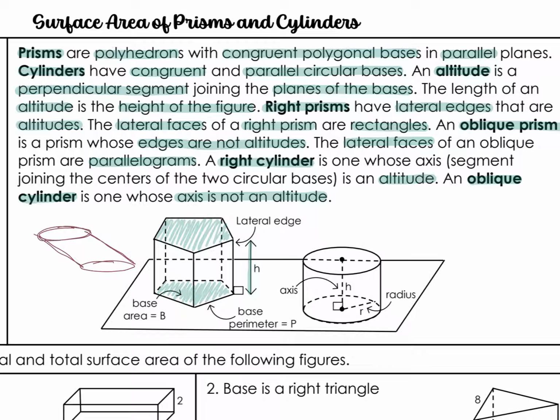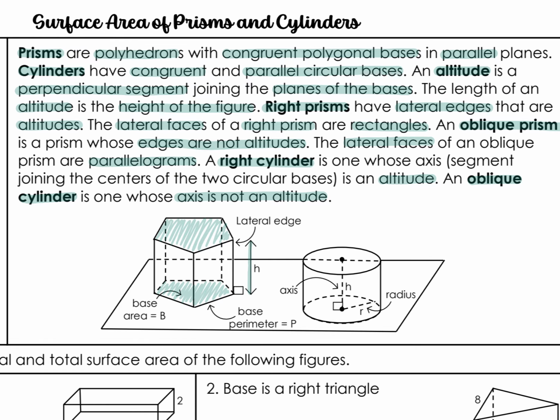Okay, like I said, it's not perfect, but you get the idea. Your bases are not directly on top of each other. It's been slanted. They are still parallel. They are still congruent, but they're just not going to be straight up and down from each other. It's going to be slanted. All right, let me erase that real quick before we move into our practice problems.